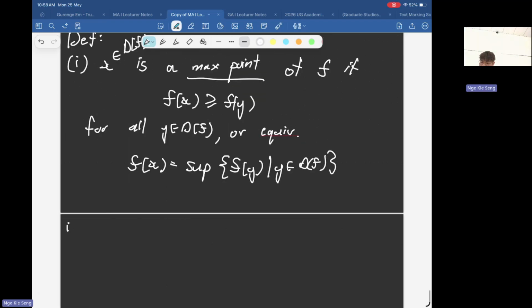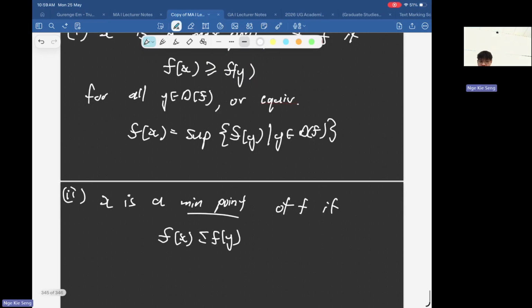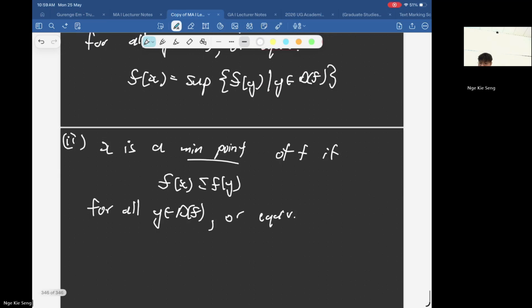Similarly, you can define a minimum. x is a minimum point if f x is less than or equal to f y for all y in the domain. Or equivalently, f x is equal to the inf of the set here.